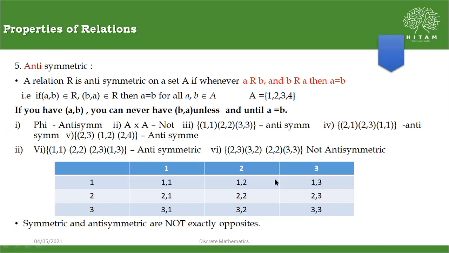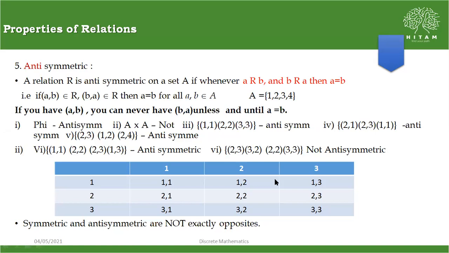It is the exact opposite of symmetric relation, not anti-symmetric. Please observe that, guys. A relation R is said to be asymmetric if A is related to B, then B is not related to A. That is, if (A, B) belongs to R, then (B, A) does not belong to R.